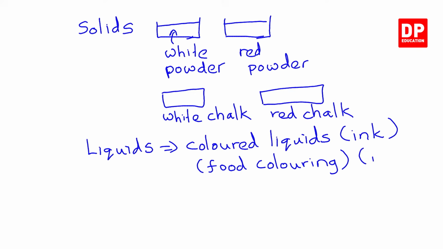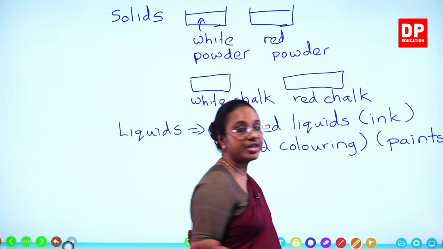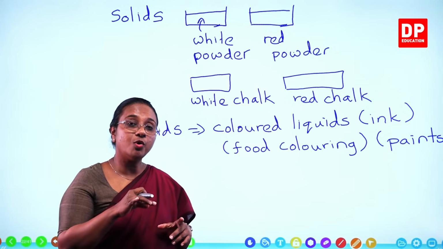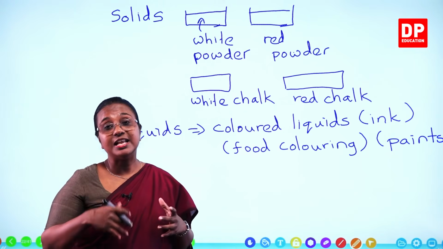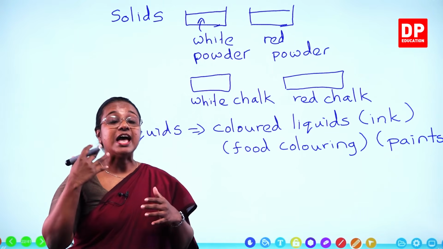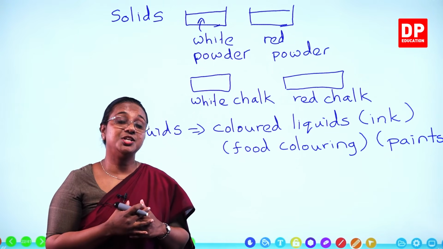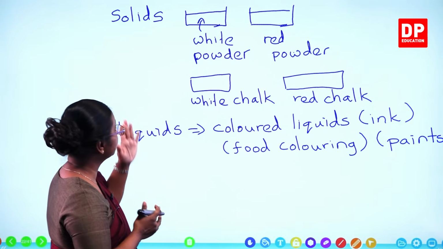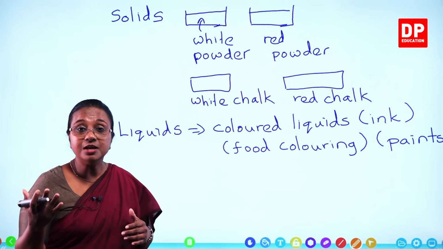Then you can use water paints. Any of those can be used. So you can take these colorings, you can put it into water, but you can do it in an innovative manner so that you can demonstrate the discontinuous nature. At the same time, you can make it interesting. That's why they mean by making a model.